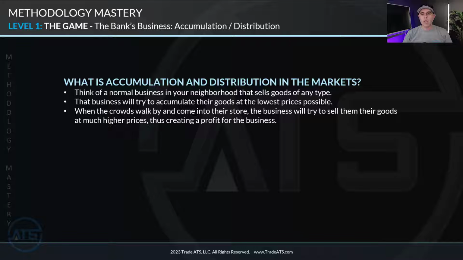And preferably, they're going to want to accumulate that inventory of product or goods at the lowest possible prices so that they can then turn around and sell or distribute that inventory to their customers to make a margin or a profit on those goods. That is the basics of accumulation and distribution.